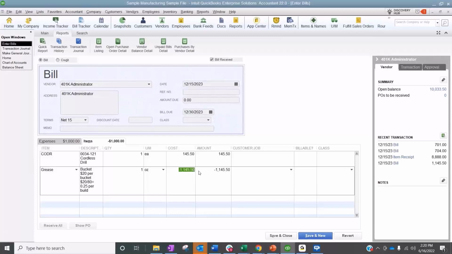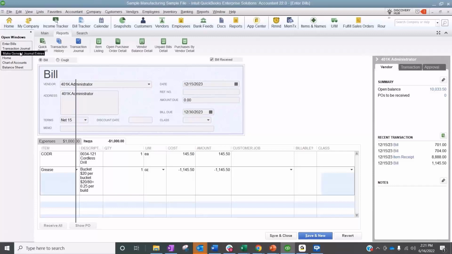Okay? This one will be a negative debit, which is a credit. So the credit, instead of hitting the liability up here, hitting the accounts payable up here, will instead hit whatever account this grease is going to. Because a negative debit is a credit.